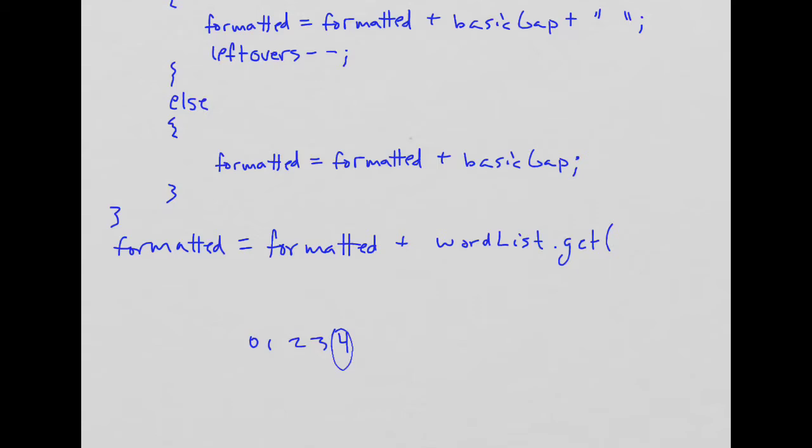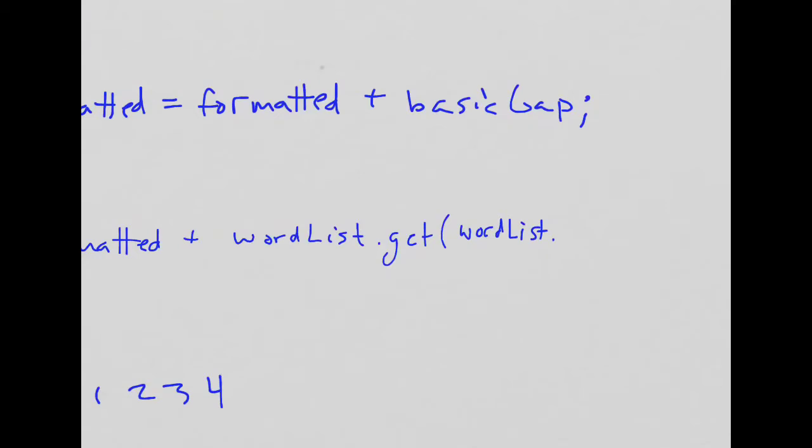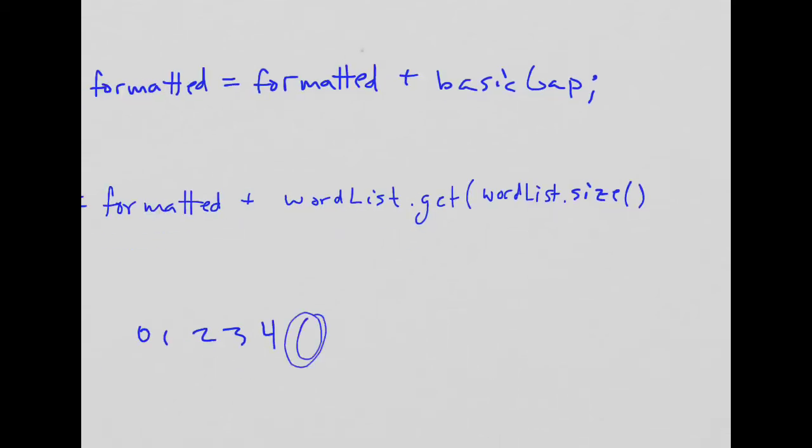So really, to get the last word in word list, I would say get word list dot size, but that gets me one too far, so I want to subtract 1. And that gets me my last word.